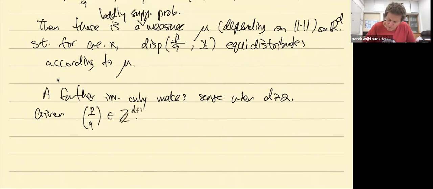P, as we said before, is a d-dimensional vector. Q is a number. So putting them together, I get a d plus 1 tuple of integers. I think of this as a vector in Z to the d plus 1. In fact, it's a primitive vector, which means it's not a multiple of a shorter vector.